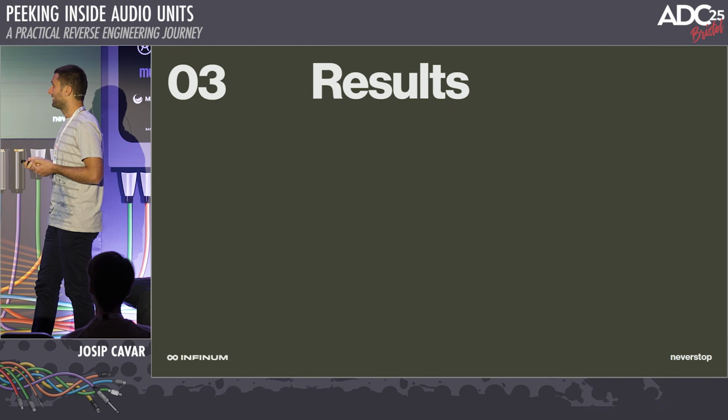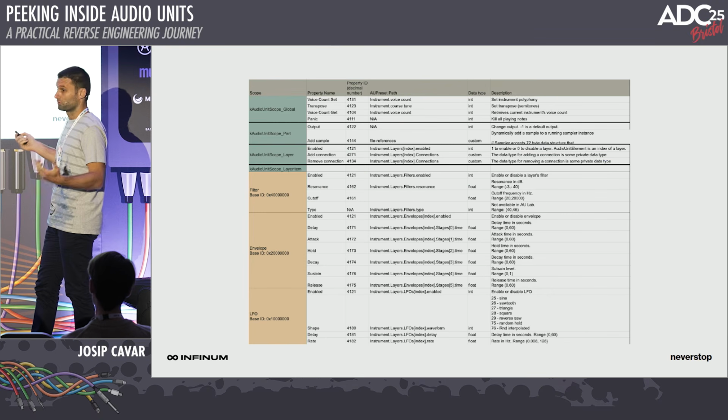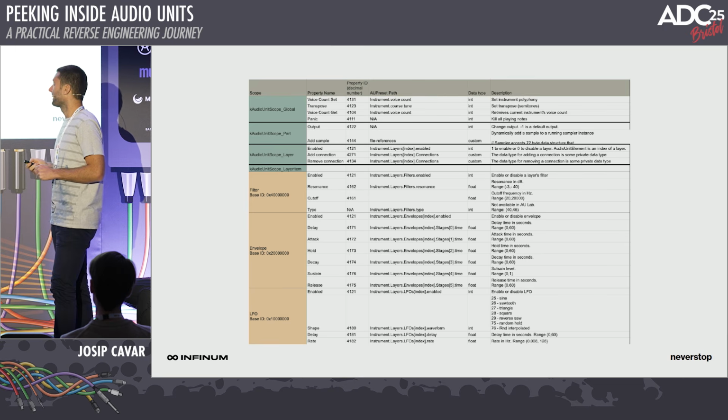So we pushed limits of AUSampler over the years. We've had a lot of fun with it, but also a lot of challenges. And as a result, we wrote these 3 blog posts. And the final blog post, which we call missing documentation, also has this table where we list all of these properties that we found with their associated IDs, data types, and AU preset paths.